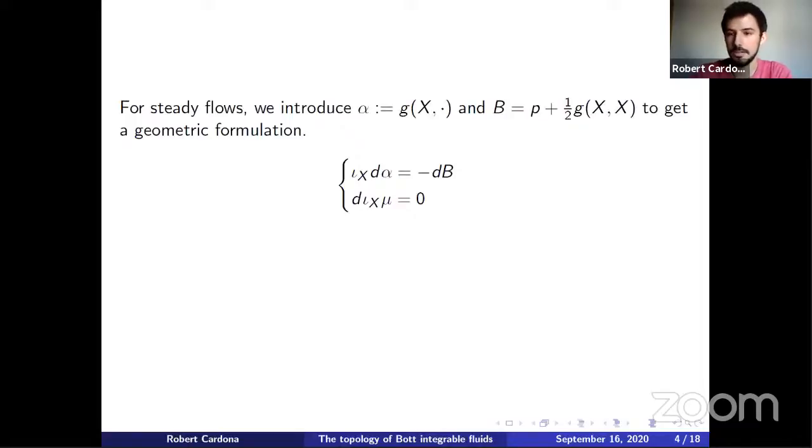Then the equations for steady solutions are equivalent to this set of equations, where the first one tells you that the contraction of your velocity field with d alpha is exact, equal to dB for the Bernoulli function B. The second equation tells you that your vector field is volume preserving: it preserves the Riemannian volume, the volume induced by the metric.